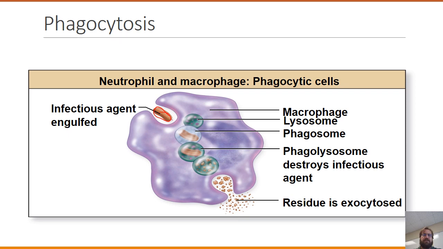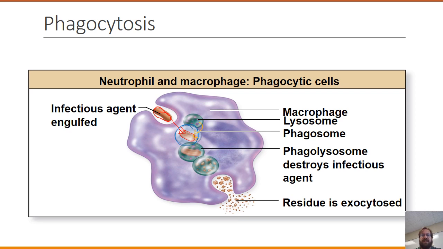That bad guy is phagocytosed into a little vesicle called a phagosome. The phagosome is merged with a lysosome. Remember from ANP1, lysosomes are parts of cells that contain powerful digestive enzymes that are deadly to the cell.